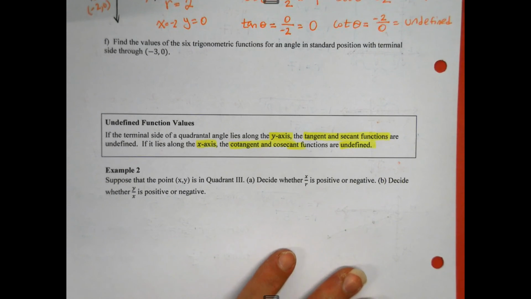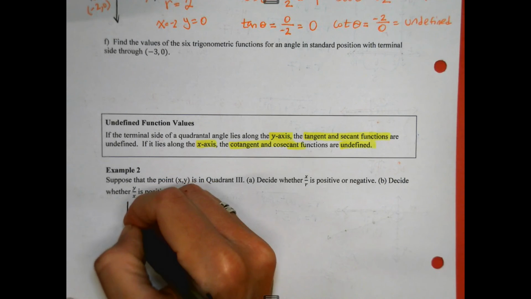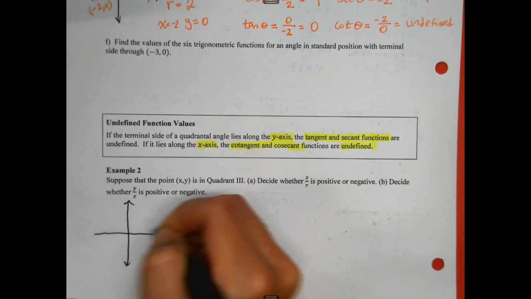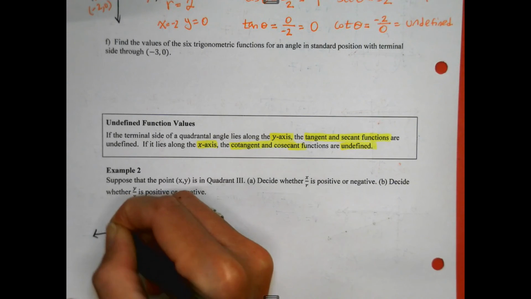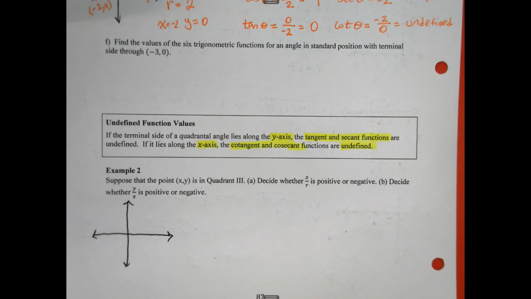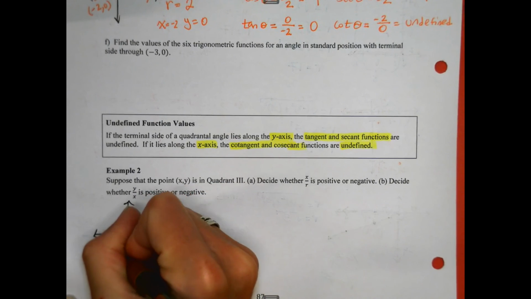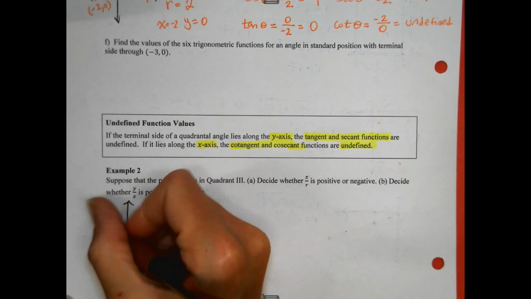Example number 2 here says, suppose the point x, y is in quadrant number 3. Quadrant number 3, 1, 2, it's down here in quadrant number 3. Somewhere, we don't know where it is.